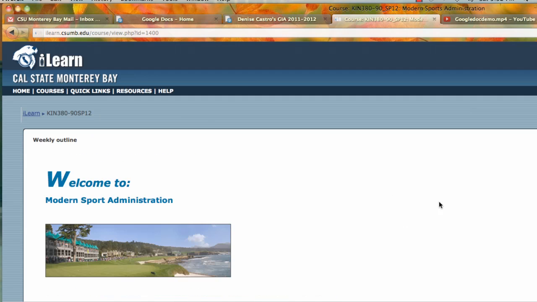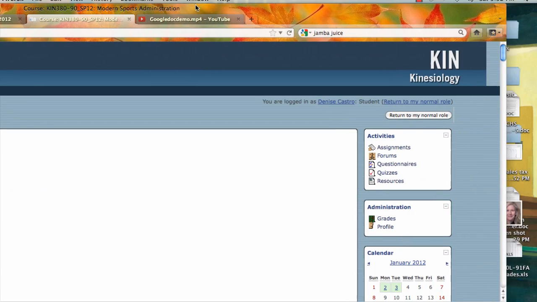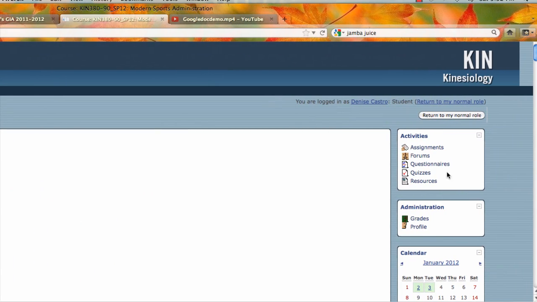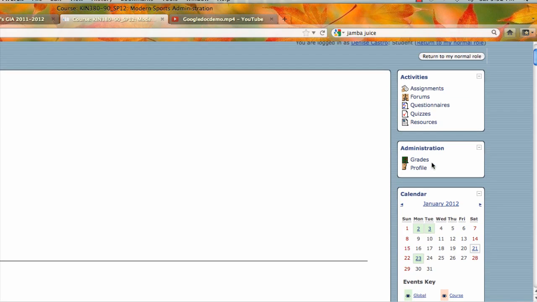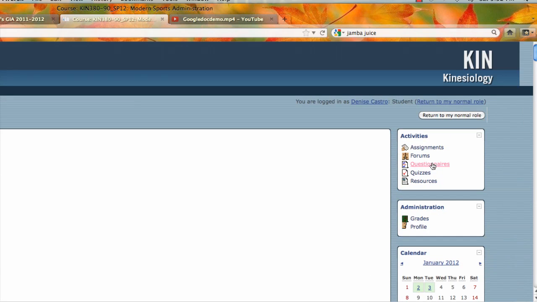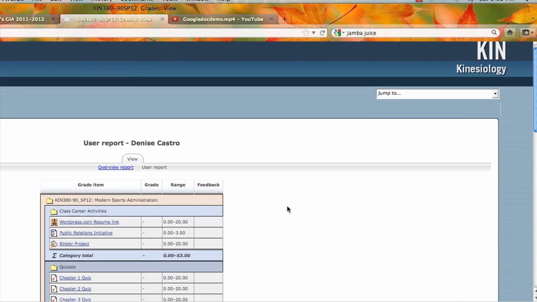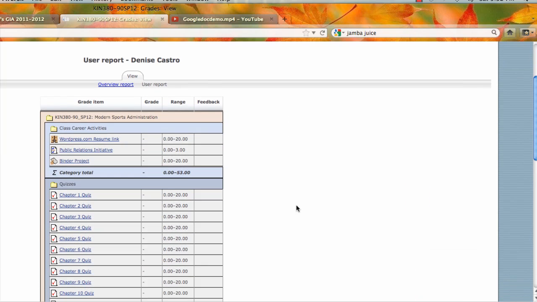The last thing I'd like to show you is how the gradebook works. And you can put blocks over here on the side according to what your preference is. These are the way I do it. And when you click open on grades, I just wanted you to know that I will be grading by points only. So although it might show percentages, it's really difficult to measure percentages until we're to the very end of the class.